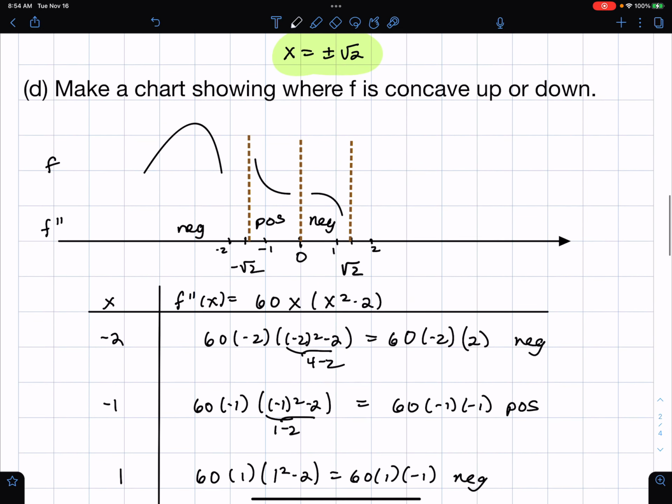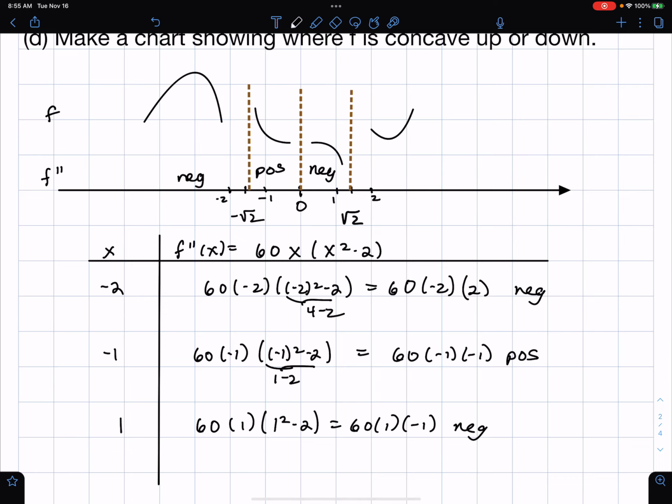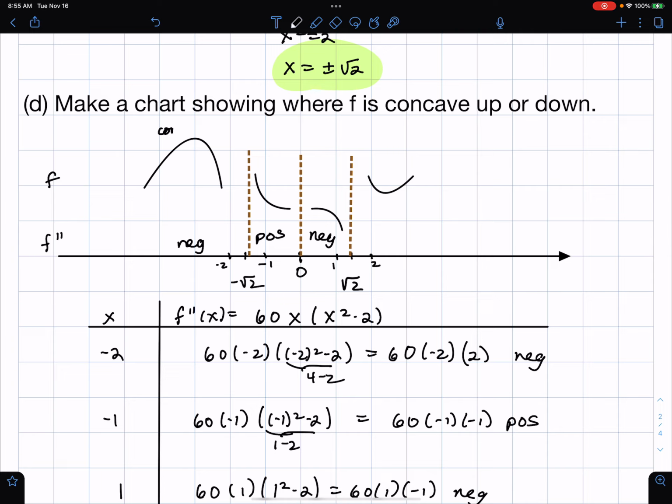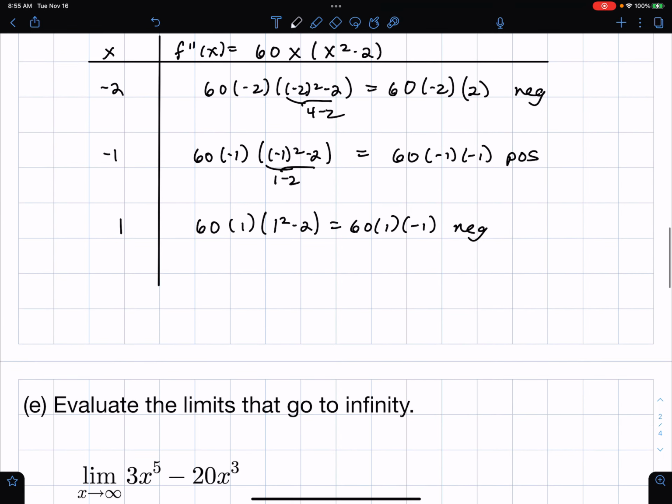From the chart above, we can guess that f is increasing on this next interval. So anyway, this is concave down because f double prime is negative, up because f double prime is positive, down because f double prime is negative, up because f double prime is positive on the interval containing 2.